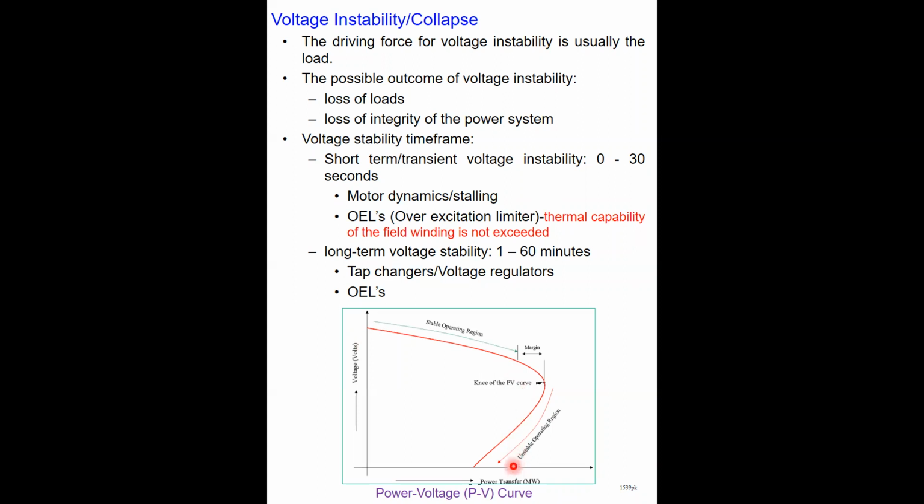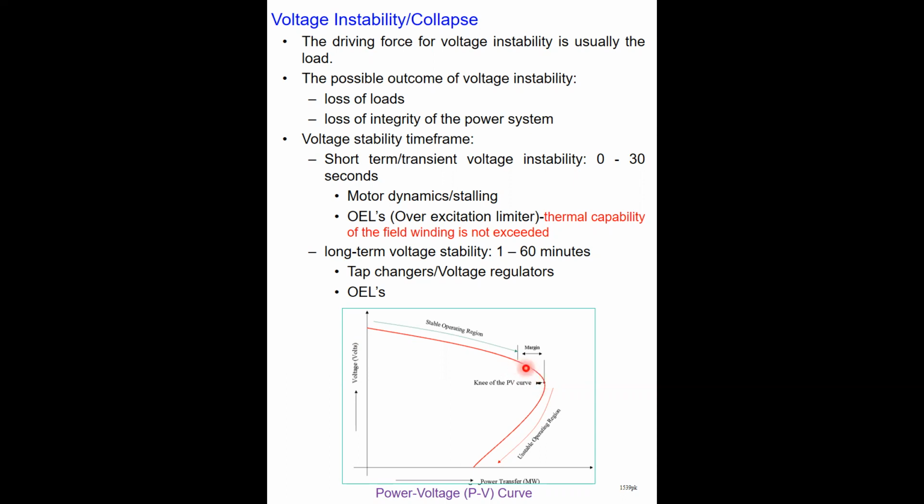Okay, you can have overloading up to this margin. But if you further overload beyond this point, let's say beyond 40% overloading, then you find that the voltage drops at a much faster rate.